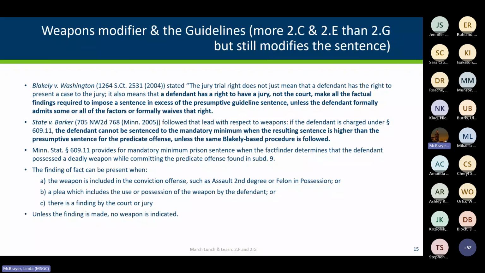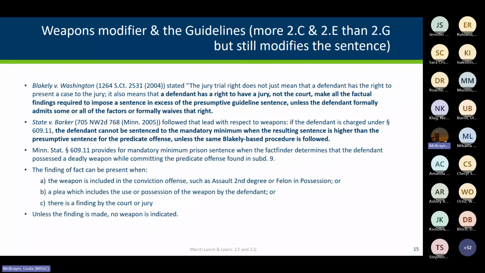And we were concerned about that because Washington State is the second guideline state in the nation after us, and they follow some of our stuff very closely. But luckily, a later case determined that Minnesota guidelines are not advisory, but the court can depart from them.